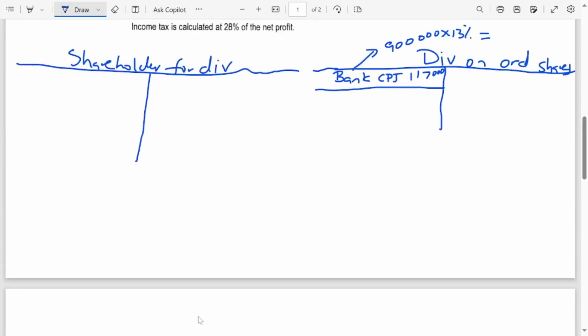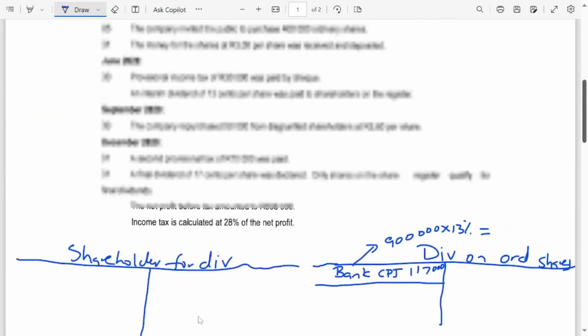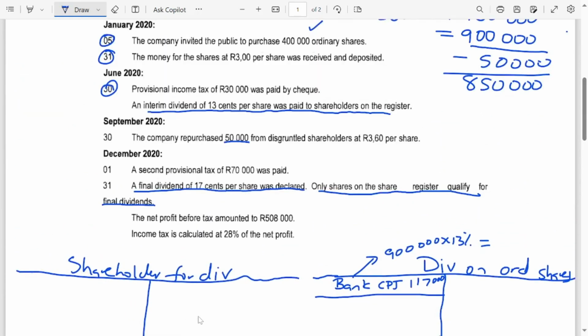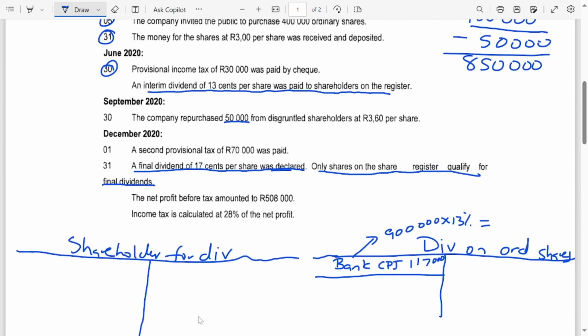Right? So they said here a final dividend of 17 cents per share was declared. Now note this. They did not say that they were paid. They said were declared. Meaning that the business realized that it needs to pay the shareholders, but they did not pay them.